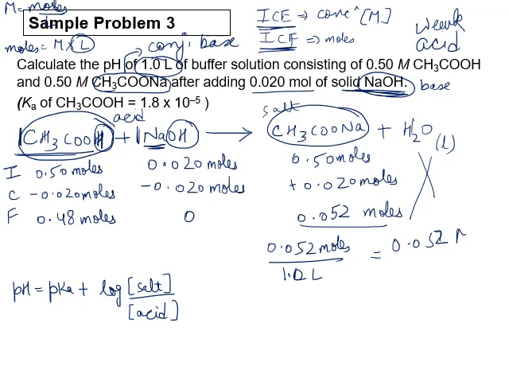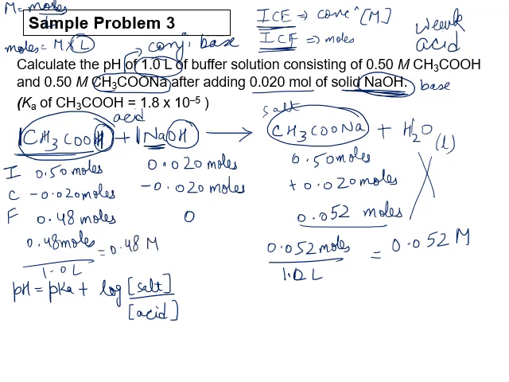So 0.52 molar. That is my concentration. Remember, in this case the numbers are the same and it doesn't matter that much, and that is only because the volume you have is essentially 1 liter. But it would make a difference if the volume is not 1 liter. What is the concentration of the acid? 0.48 moles over 1.0 liters, which is 0.48 molar.